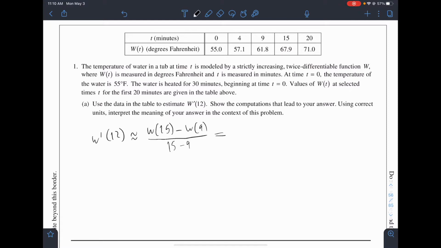And so when we compute that, that'll approximately equal 67.9 minus 61.8 over 6. So this will be 1.017. So that's our approximation for W prime of 12. So now we have to find what this means. Since we know that W of T is the temperature of water, the rate of change of W of T is going to be the rate of change of the temperature.